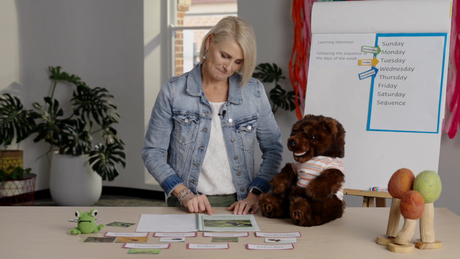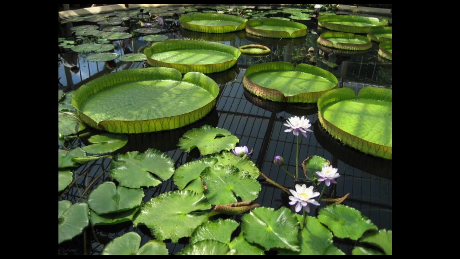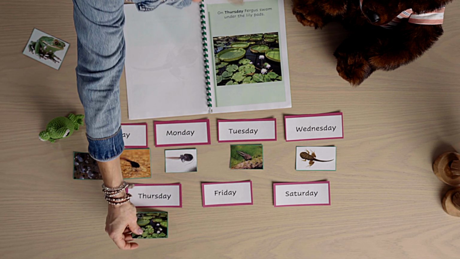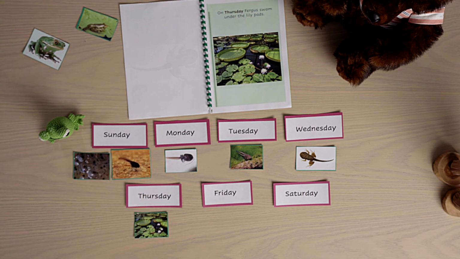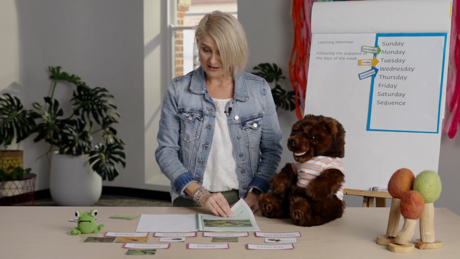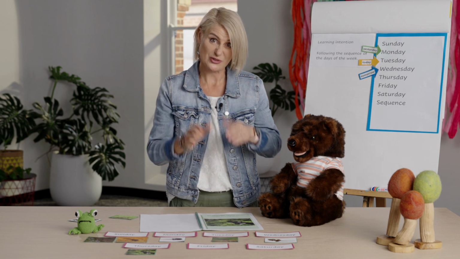Oh goodness, Baby Bear, goodness. On Thursday, Fergus swam under the lily pads. His tail didn't get shorter yet. Let's change that over. Here we go. On Thursday, he swam under the lily pads. I think my prediction is on Friday is when his tail is going to get shorter.